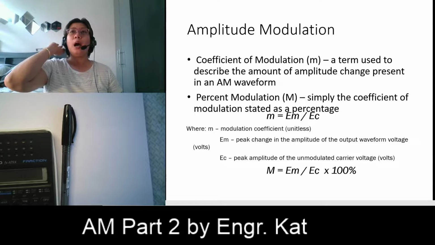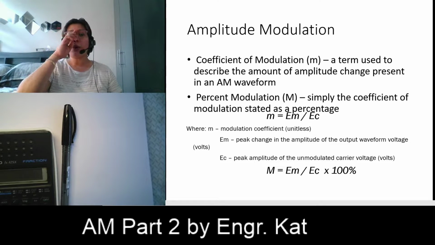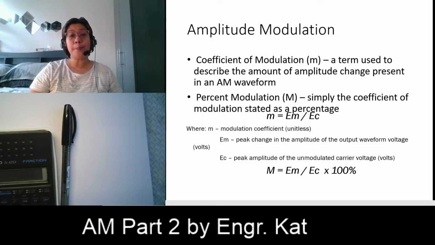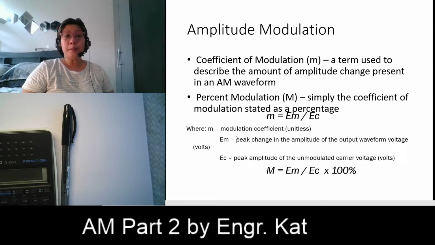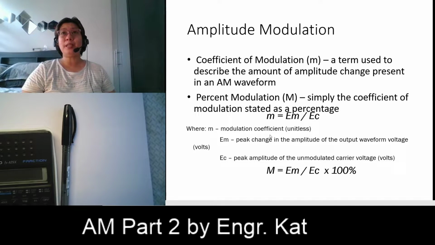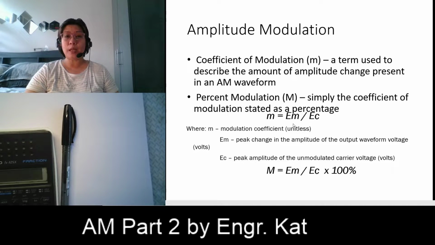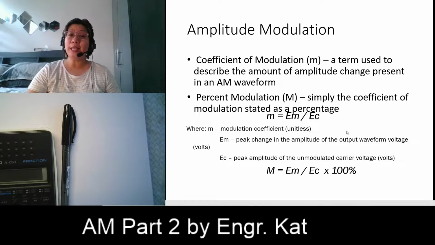To get the value for m, the modulation coefficient, which is unitless, it is equivalent to EM divided by EC. Recalling our previous slide, EM is the peak amplitude of the modulating signal, while EC is the peak amplitude of your carrier signal.